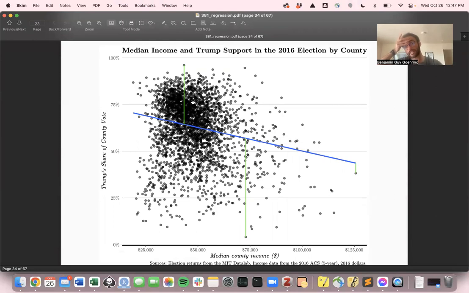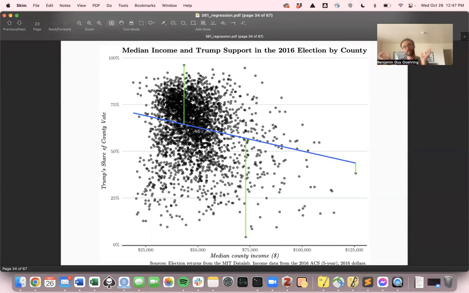What this blue line does is, if you take all of these residuals, all of these distances between the blue line and each of these data points, and you put them end on end and measure that length, there's no other blue line you could draw through these data to get a set of those green lines that's any shorter.